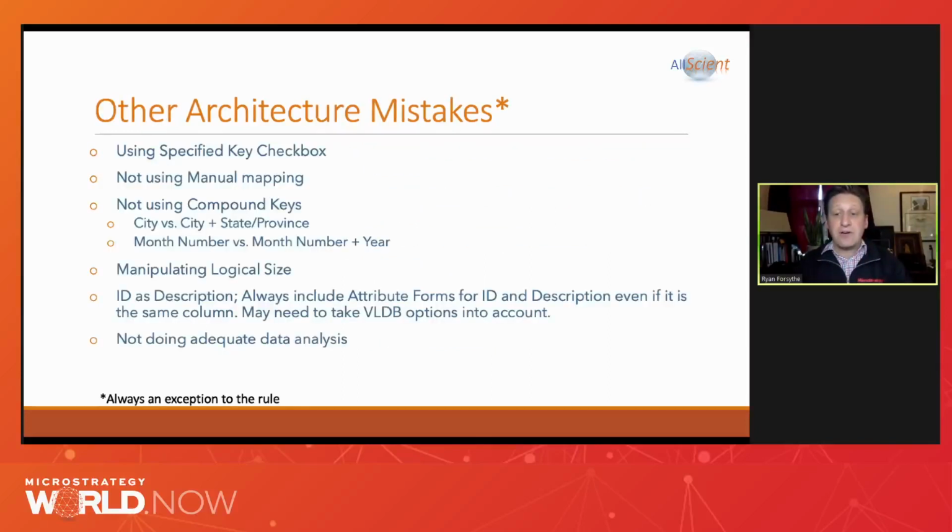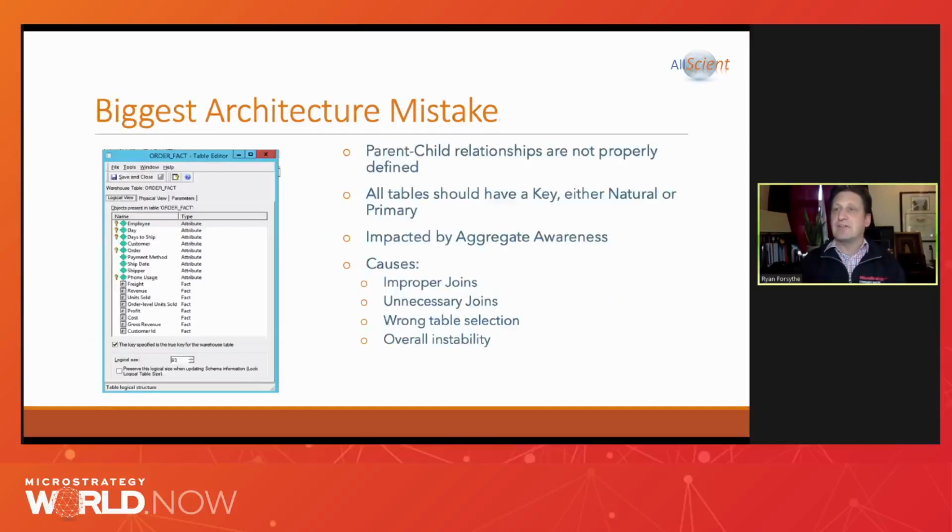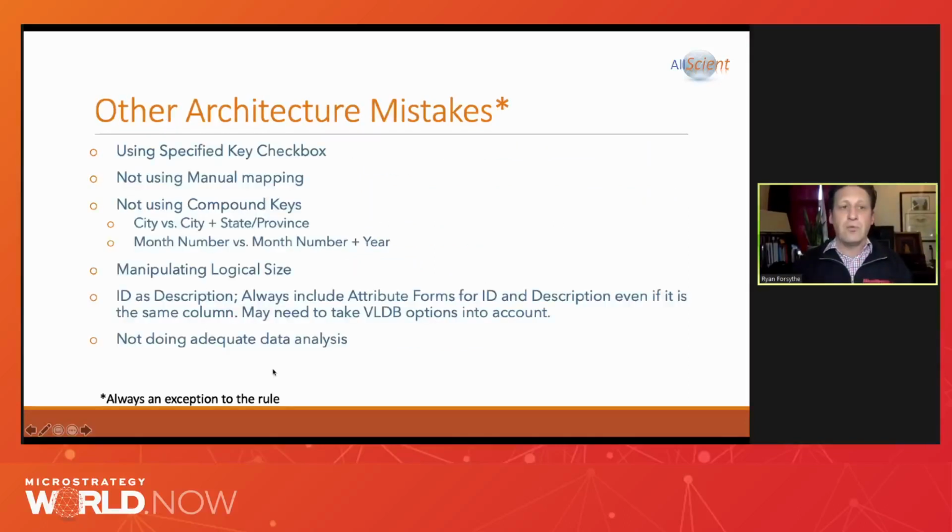And some other kind of tips in this. So using the specified key checkbox. So when we actually go back down to here, the key specified is the true key for the warehouse. Well, that's not the case. And one of the other ones I'll talk about is this logical size. So, MicroStrategy introduced some of these things to overcome some of the deficiencies of when customers do this.